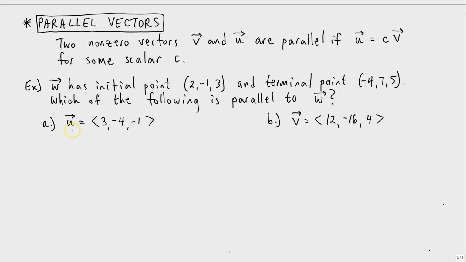Let's check this first one, vector u. Let's switch vector w to component form. That would be negative 4 minus 2, 7 minus negative 1, and 5 minus 3. So vector w in component form would be negative 6, 8, 2.